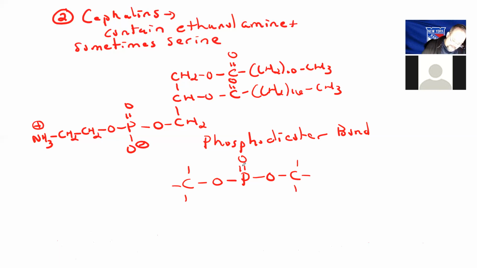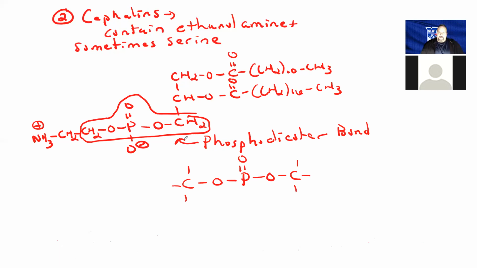So if you look at the cephalin, and you would find this in the lecithin as well, right here, P double bond O OC once, P double bond O OC twice. Glycerol, phosphate, amino alcohol: that linkage that connects them all together is a phosphodiester bond.